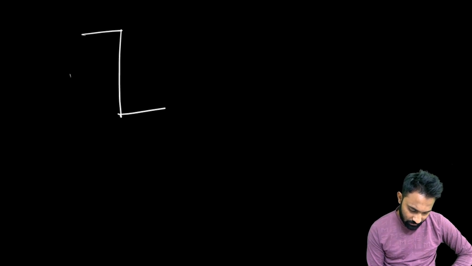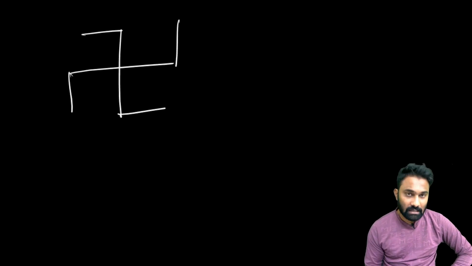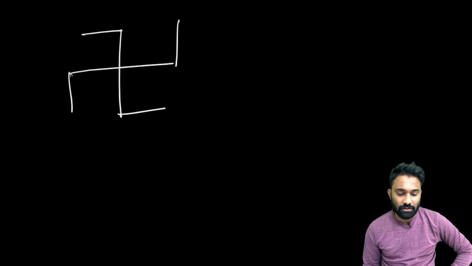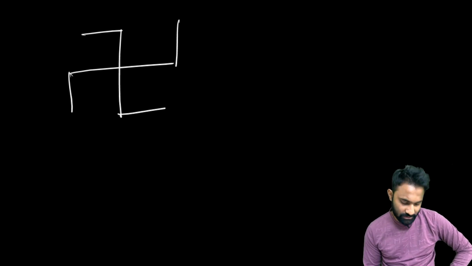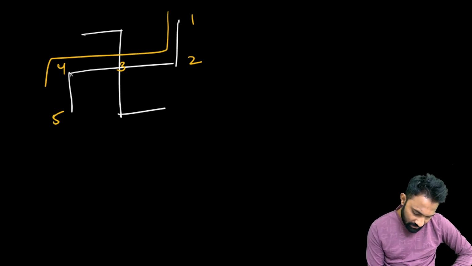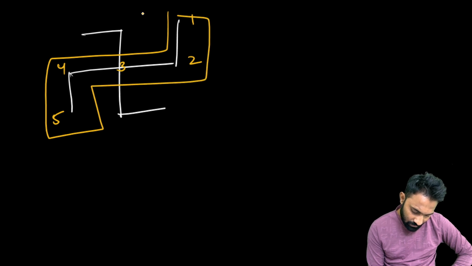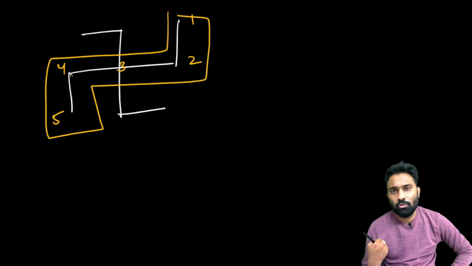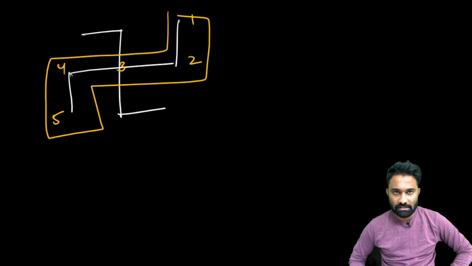Next, with this example we'll go. Let's suppose they have given this one. Then how to name this compound? Here 1, 2, 3, 4, 5. If you choose the parent carbon chain this way or that way, both are the same.